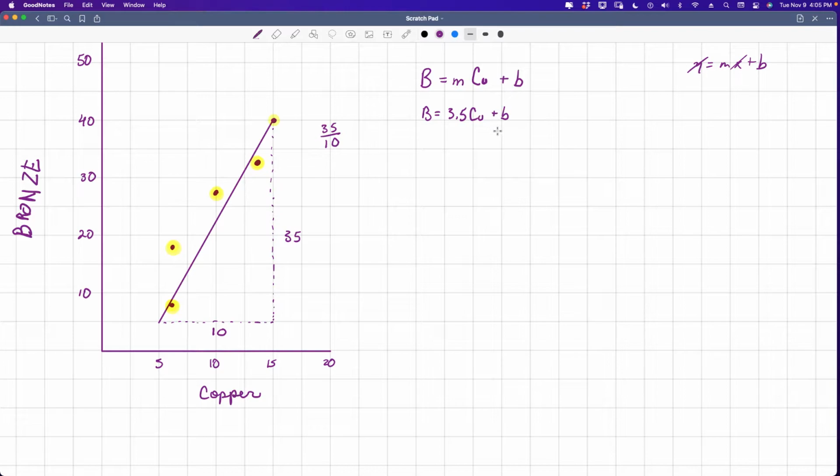So now we're going to solve for b. We're going to find a point. And in this case, the point that we have for sure is 15 and 40. So we sub in 15 for the copper and 40 for the bronze. So 40 is equal to 3.5 times 15 plus b.